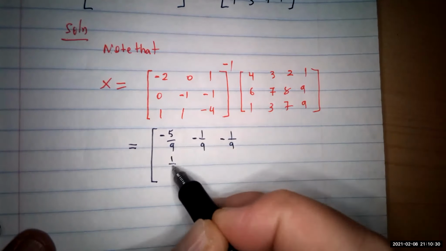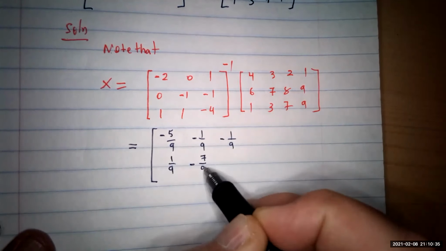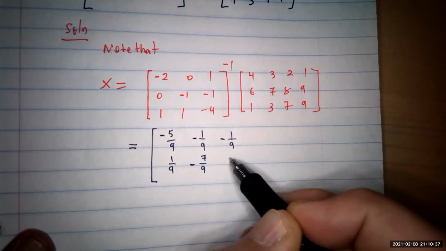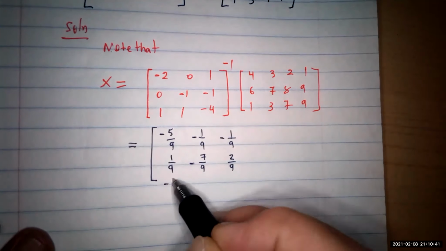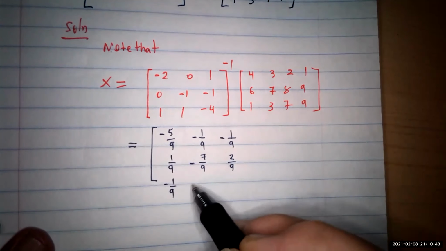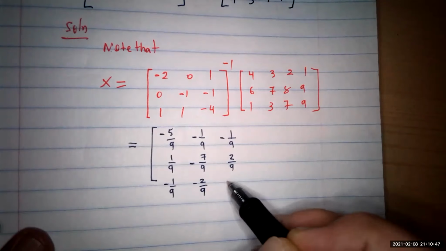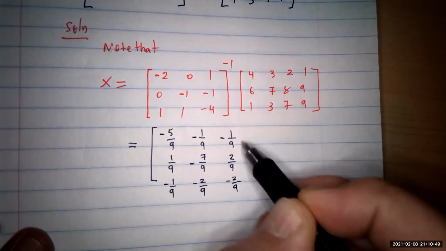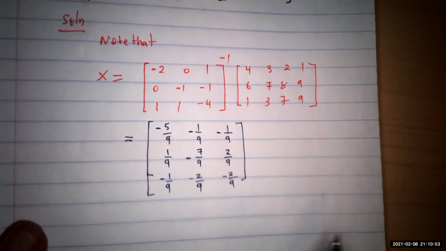The second row is 1/9, -7/9, 2/9. And the last row is -1/9, -2/9, -2/9. So this is going to be the inverse of this matrix.